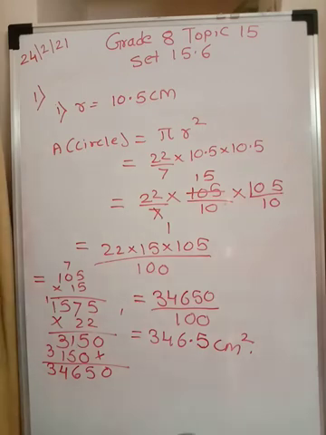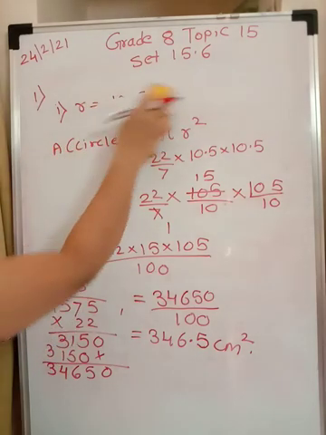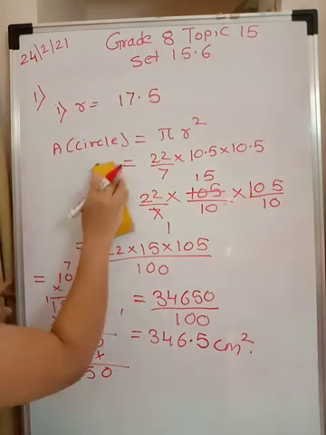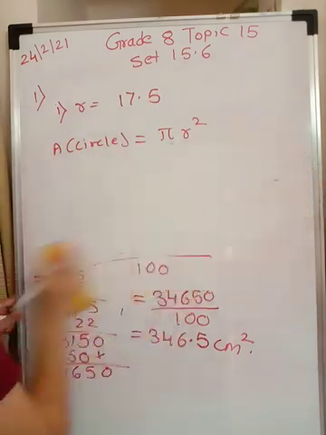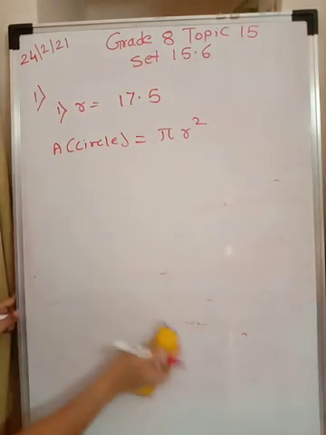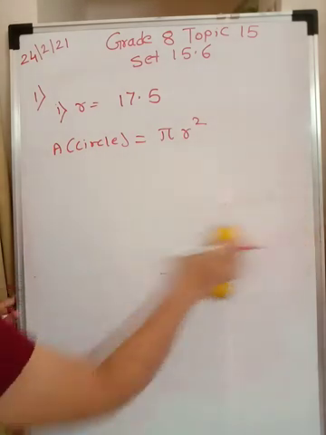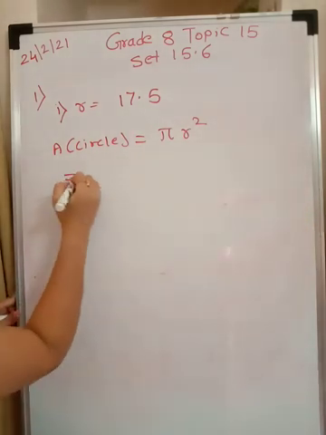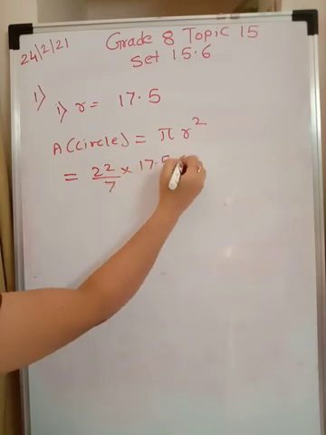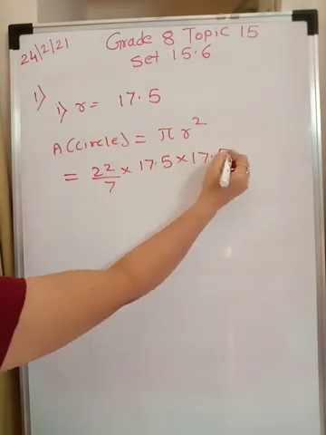Okay, now the third is 17.5. Let's do that too. So we have now 22 upon 7 into 17.5 into 17.5.